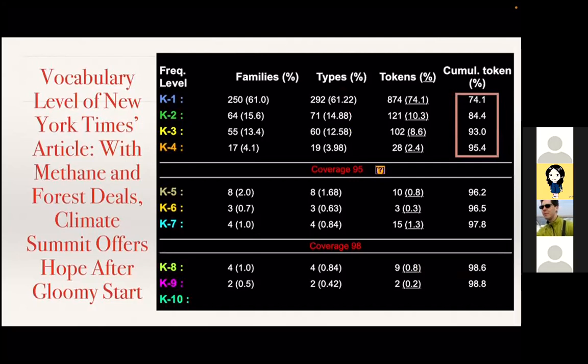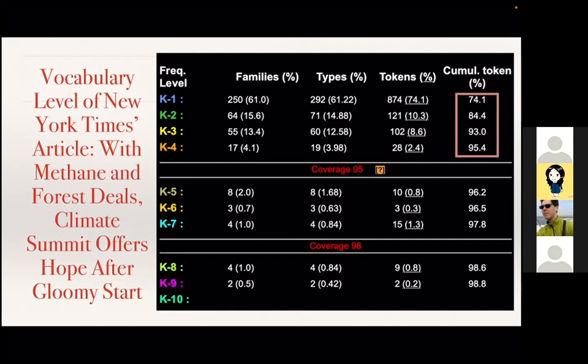Here, for the first 1,000, if you look at the right end, you can see the percentage of coverage of each 1,000 words. It is generally said that the first 1,000 words cover more than 80% of written or spoken text, and the 2,000 and 3,000 levels cover up to 90% of general English.